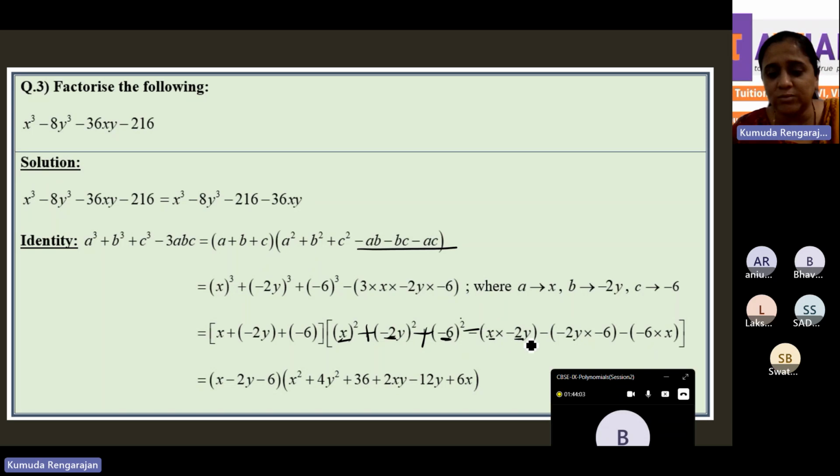So minus a into b, minus b into c, minus c into a. We have written a, b, c here. Then you'll have to simplify it. That's it. Complete this. If you have not finished it, please complete this.